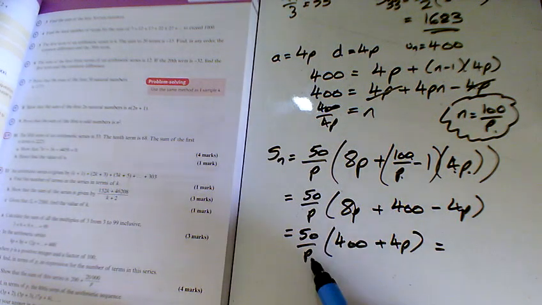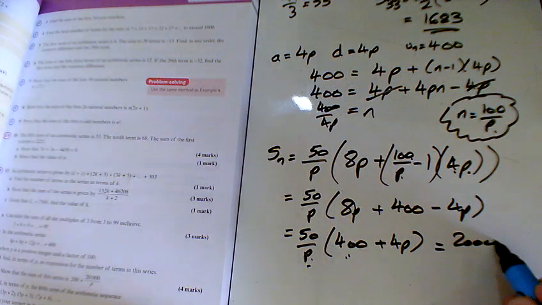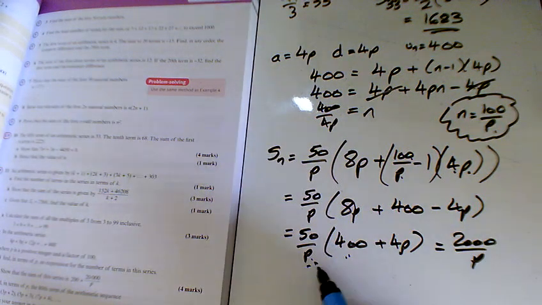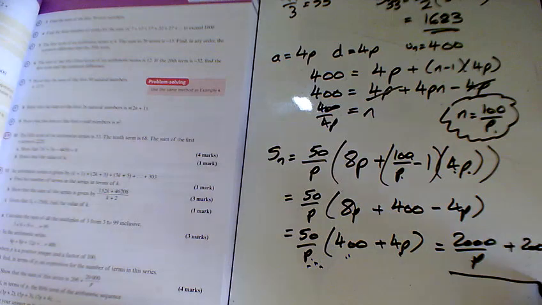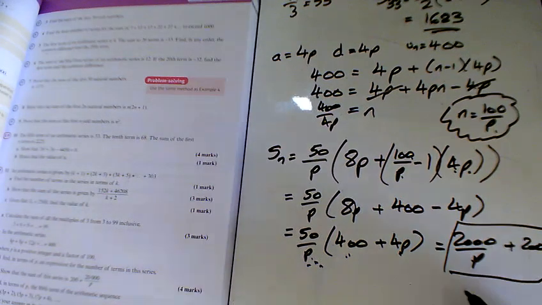So timesing these two bits out gives us 2000 over p. Timesing those two bits out just gives us plus 50 times 4, which is 200. Oh, that's what we wanted. Done.